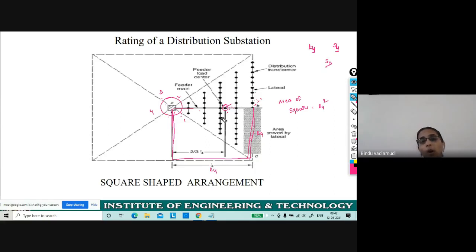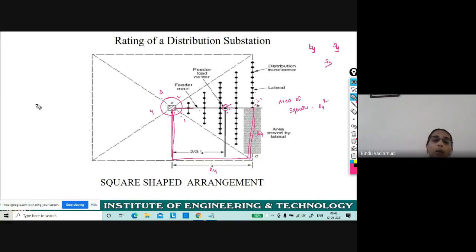The total rating of the system is equal to 4 times this value, because all the 4 feeders are uniformly distributed. So write down: area of the square is equal to L4 square.